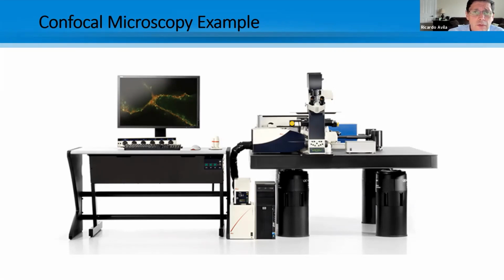What you see here is a very expensive table that puts the whole system on a cushion of air. If they don't do that, the vibration in the building, the vibration of the people working around and the computers and all of that will destroy the image, and it'll become a big blur because of the vibrations from the building.